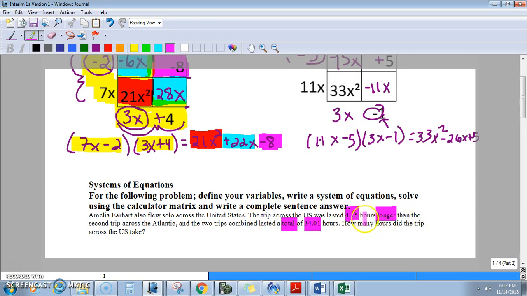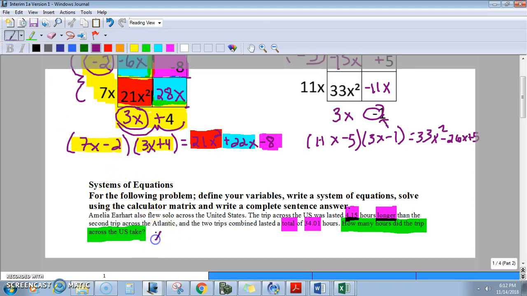How many hours? Now this is important because this is what the question is asking us. The question is asking us how many hours did the trip across the U.S. take? So we know what units our variables need to be in.